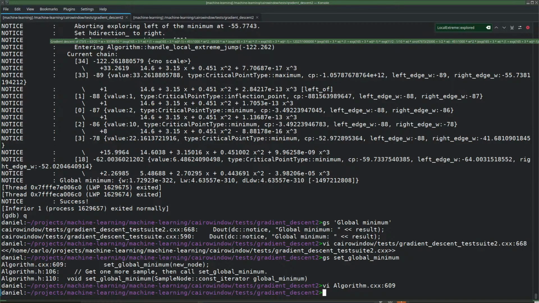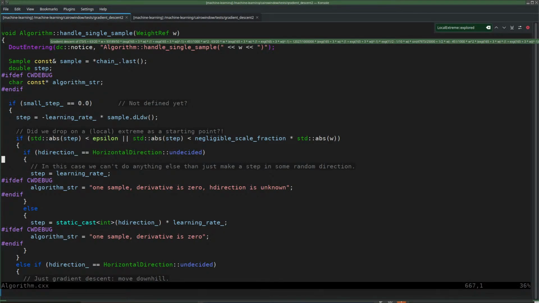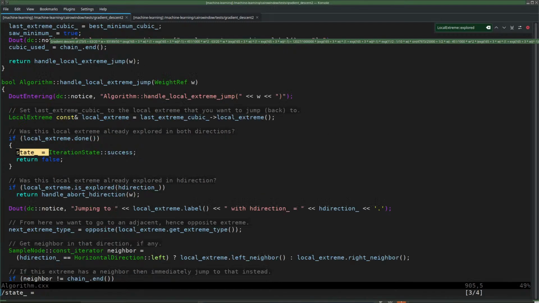Okay, so what was the last change that I made? So also this file in the neighborhood of 666. I thought. No, it wasn't. Something with state is success. Yeah, here.